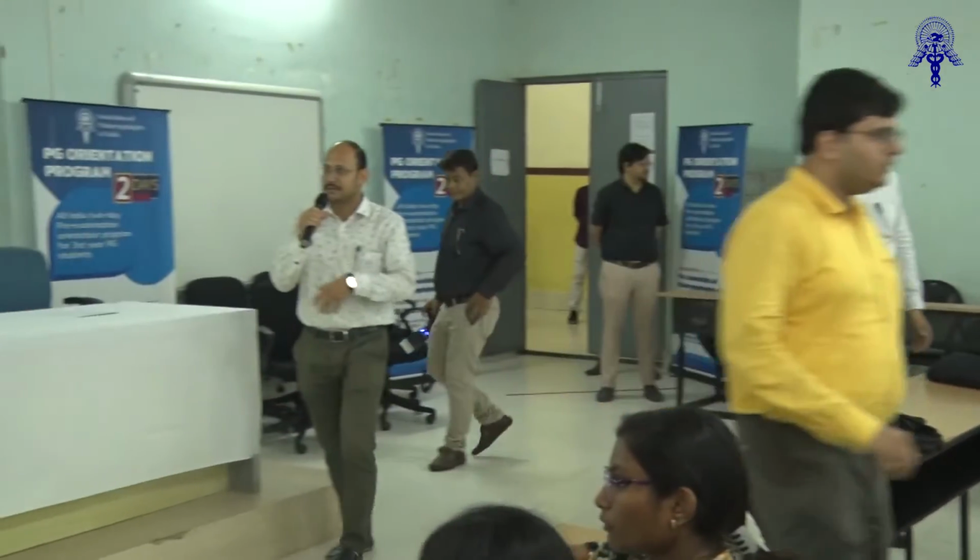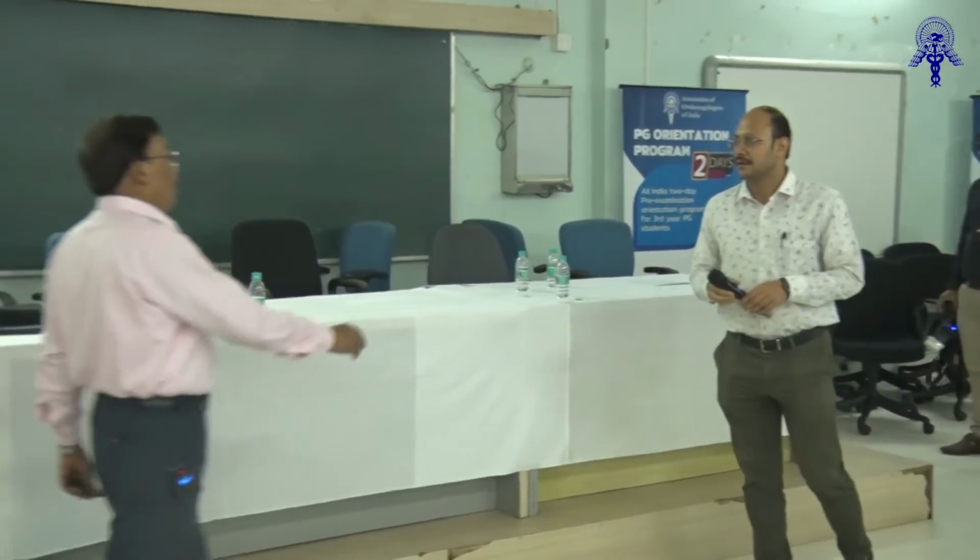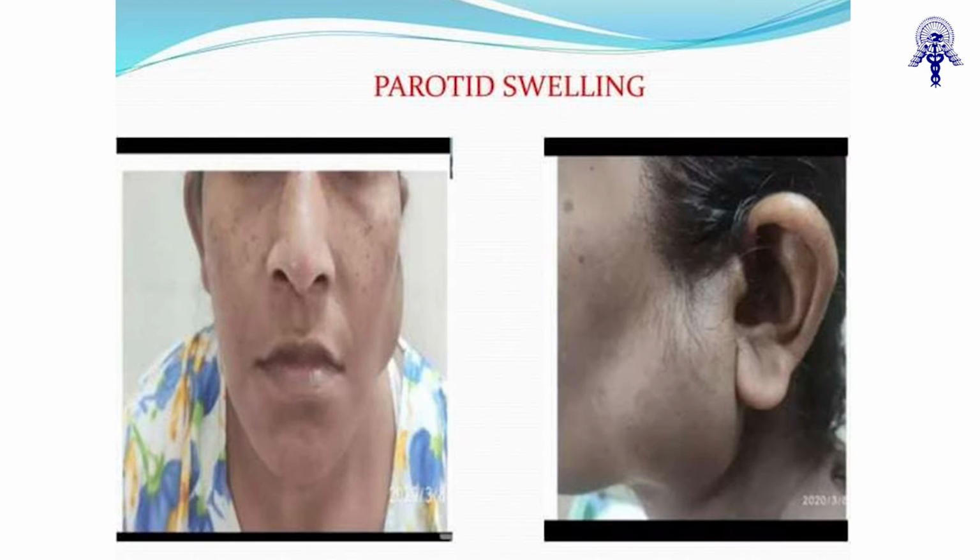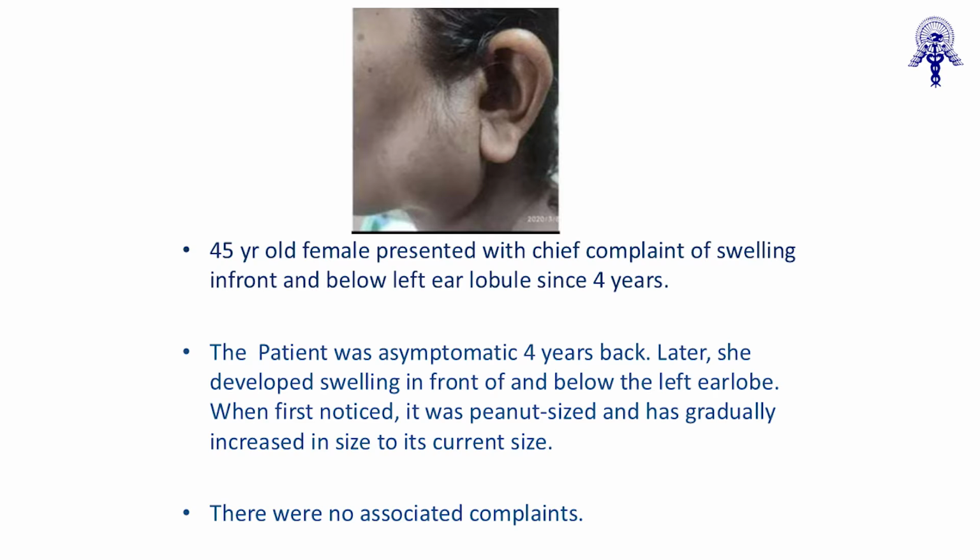Vidhan sir, please start. Good morning everybody. This is the session on salivary gland diseases. We have 2 case capsules. First one is a parotid swelling, as you can see here. Now the presentation: a 45-year-old female presented with a chief complaint of swelling in front of and below the left ear lobule since the last 4 years.